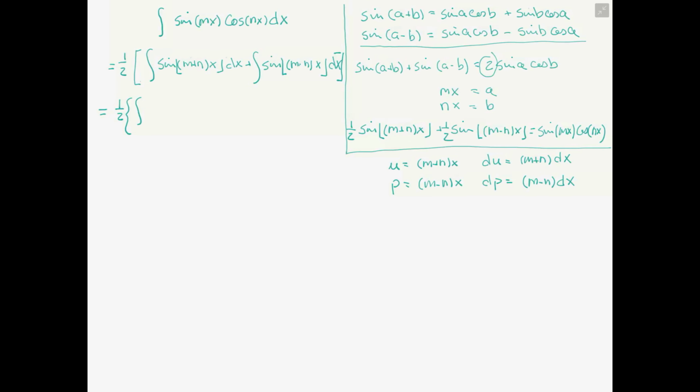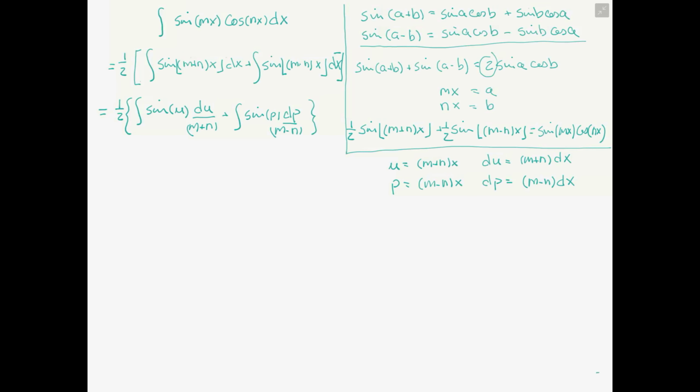We have 1/2 times the integral of sine u du over (m plus n), plus sine p dp over (m minus n).